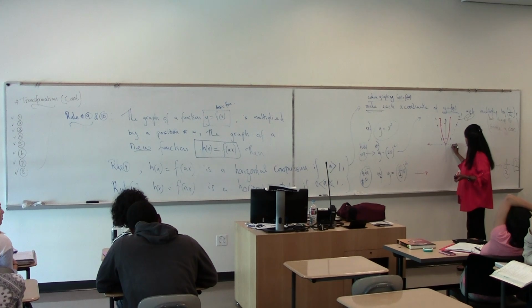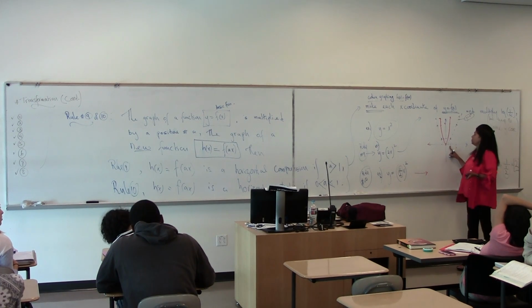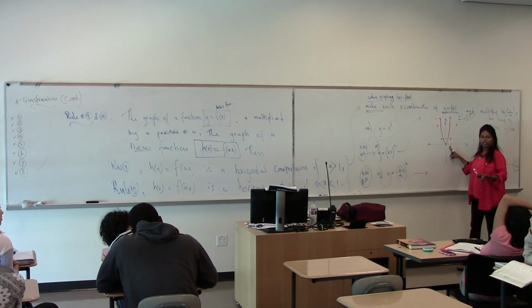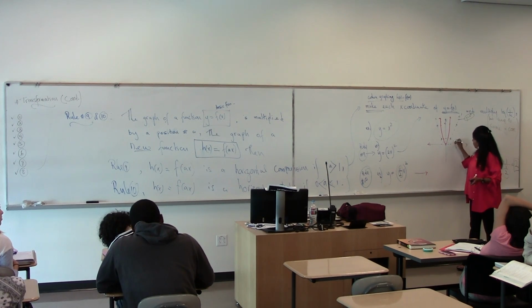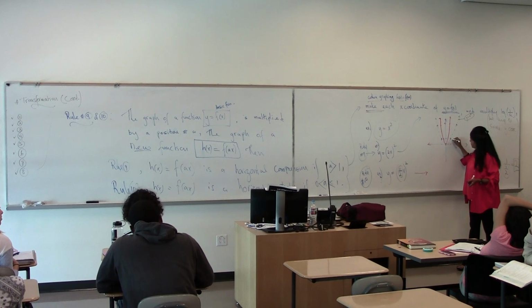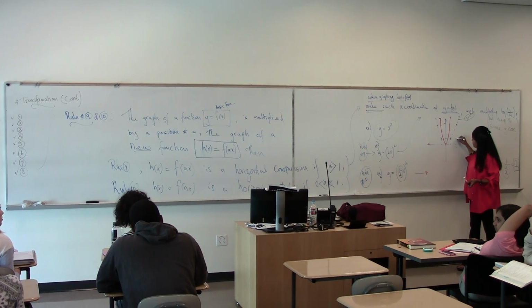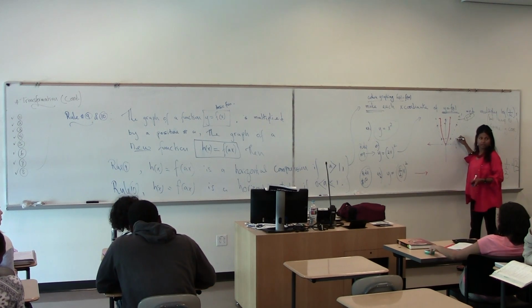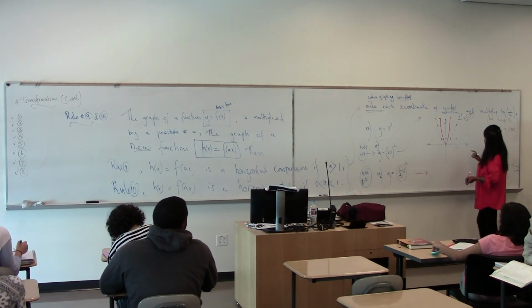Keep the same y coordinate. This x coordinate is 1, multiplied by 2, what happened? 2. So x coordinate 1 becomes what? The y coordinate is 10, the x coordinate becomes 2. So this is the new point here. Okay, what's the next one?